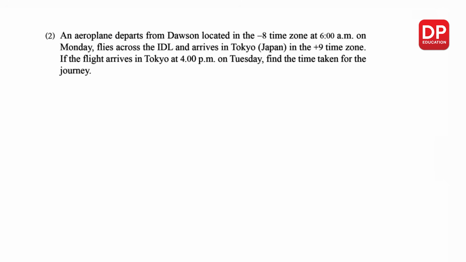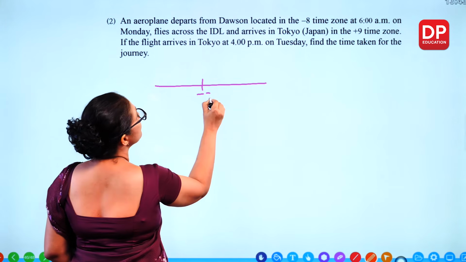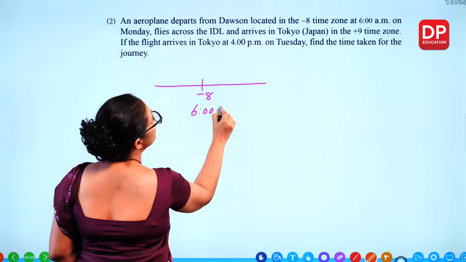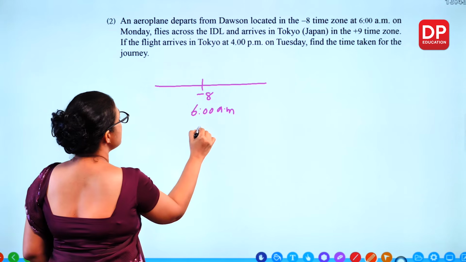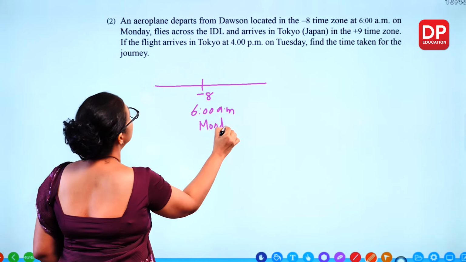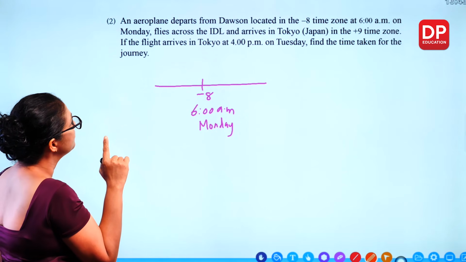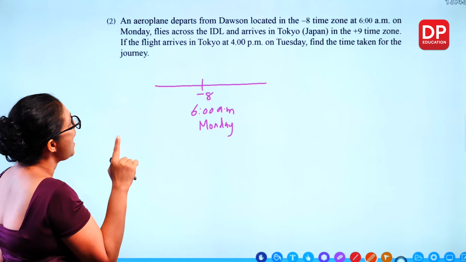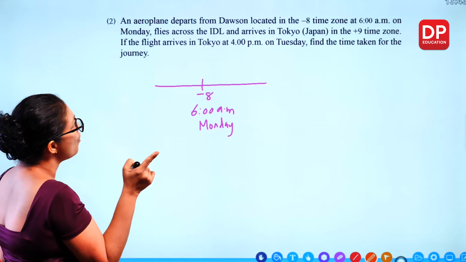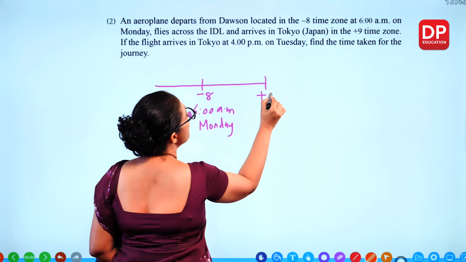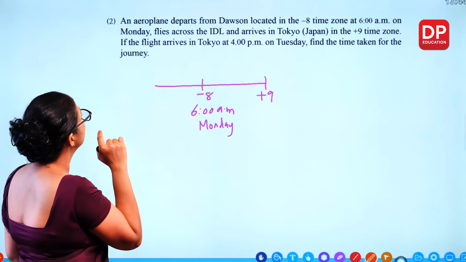Question number 2. An aeroplane departs from Dawson located in the -8 time zone at 6 a.m. on Monday. Flies across the international dateline, and arrives in Tokyo, Japan in the +9 time zone.